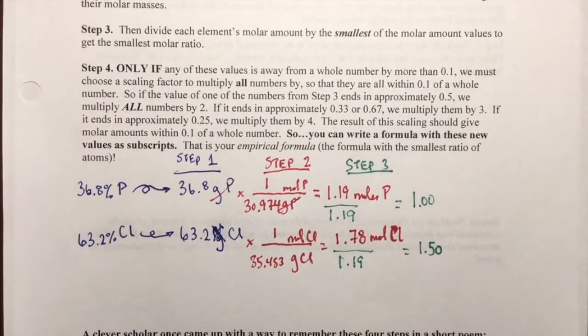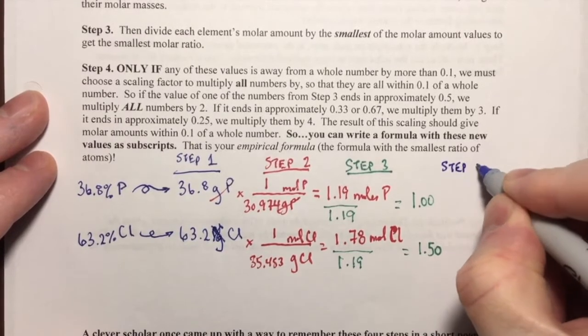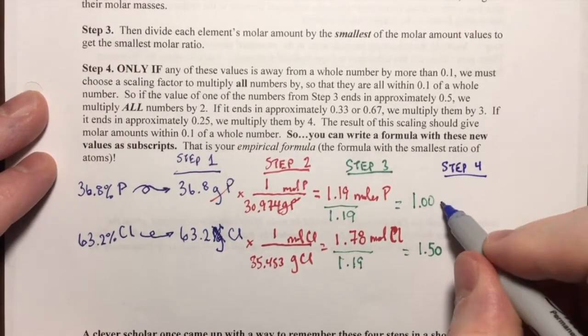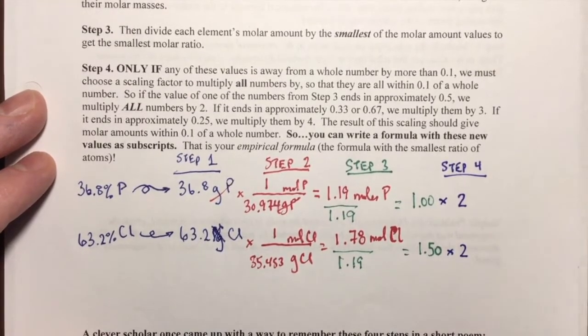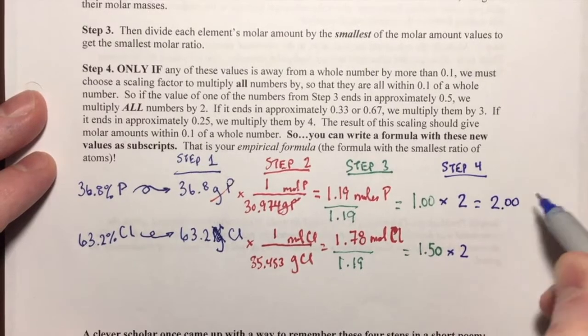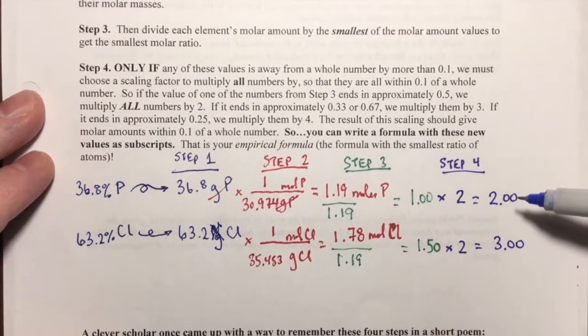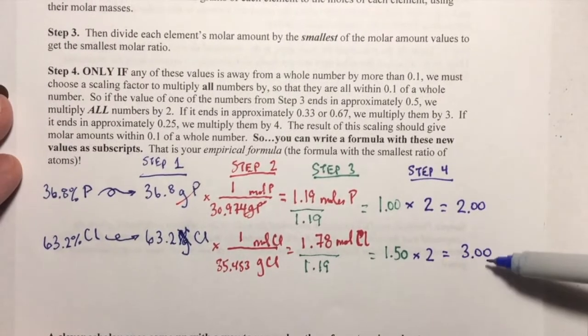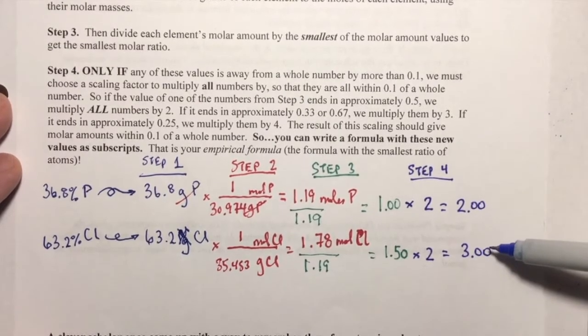So here we go in step 4. I'm going to multiply these by a scaling factor of 2 that I have chosen. This becomes 2.00, and this becomes 3.00. And have I gotten my values to be within 0.1 of being a whole number, either higher or lower? Yes, I have.